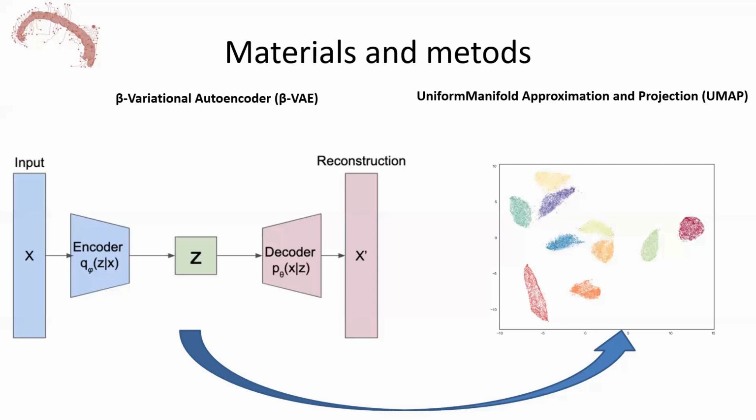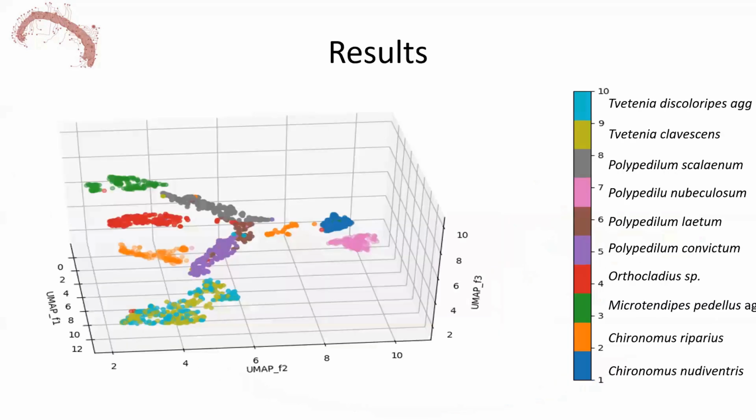And let's see the results when we use beta variational autoencoder on our data set, which is composed of 10 species and 250 specimens per species. So what we can see here is the ordination pattern of each specimen based on the most important features abstracted by beta variational autoencoder.